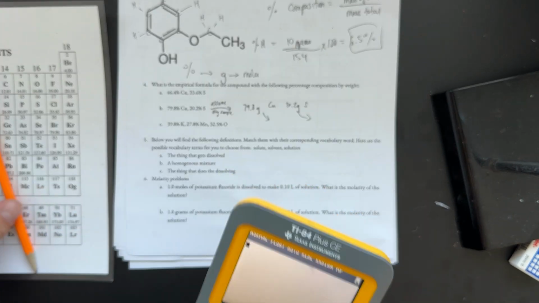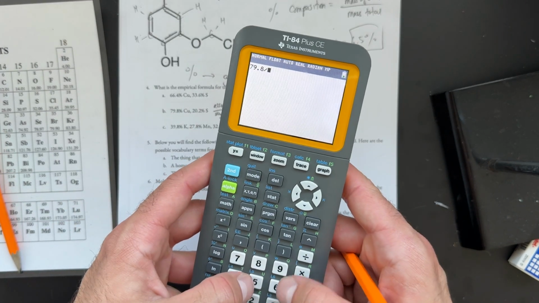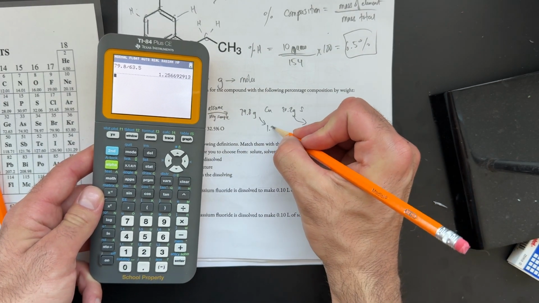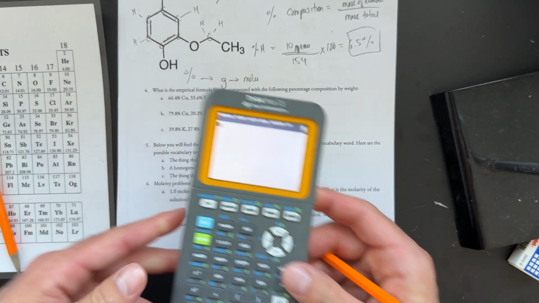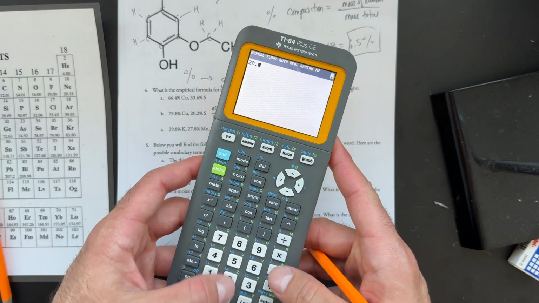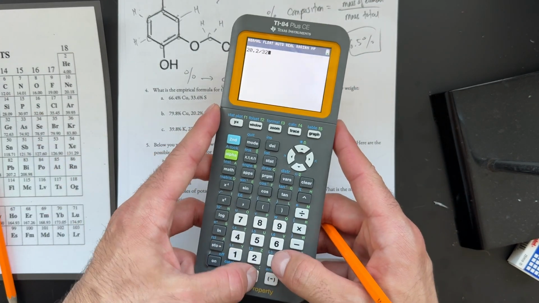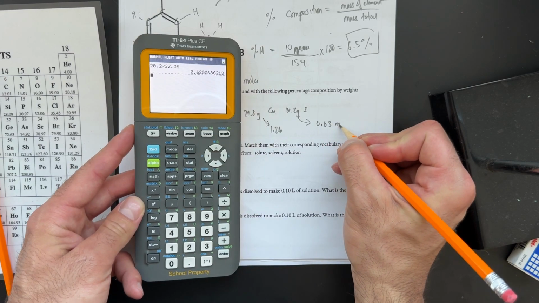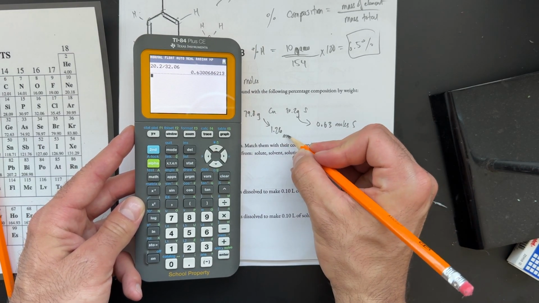For copper, 79.8 divided by 63.5 is going to be 1.26. And then sulfur, 20.2 divided by 32.06, you're going to get 0.63 moles of sulfur.